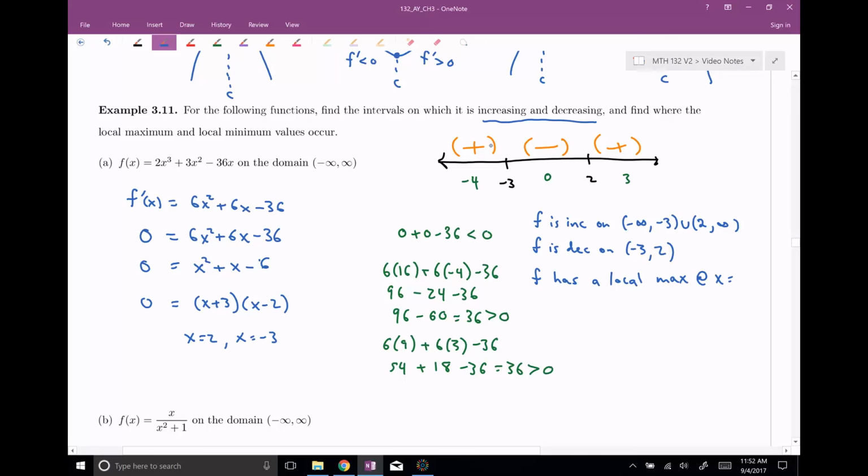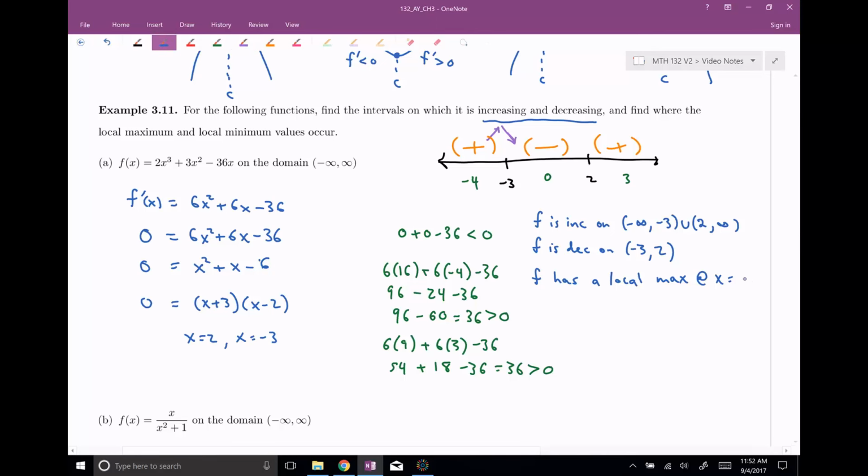Negative 3, right? Because that's where it switches from positive derivative to negative derivative. That is, our function was increasing, it had a positive derivative, then it was decreasing, it had a negative derivative. So therefore, the shape that we're making here is a maximum.